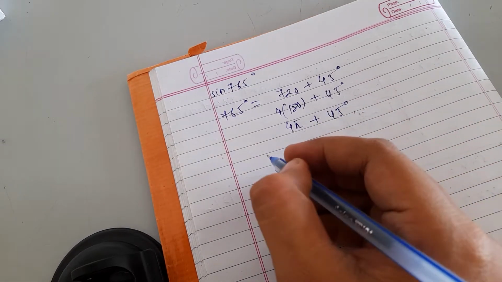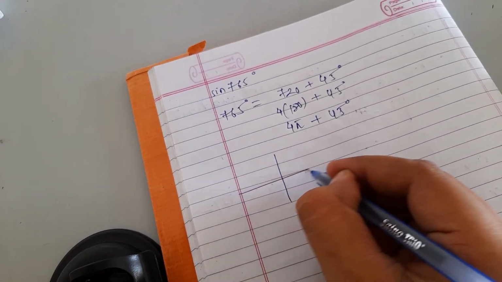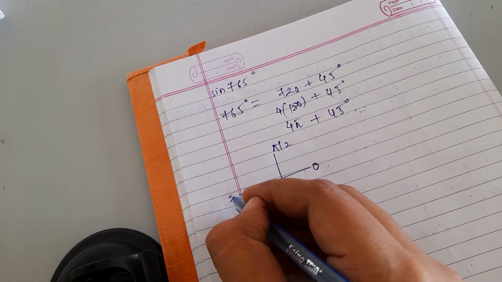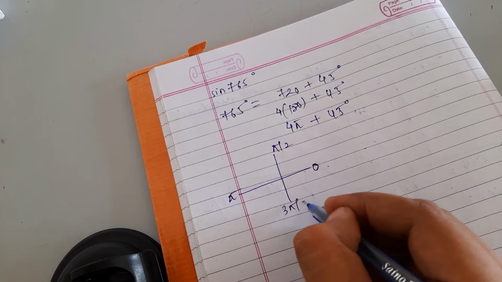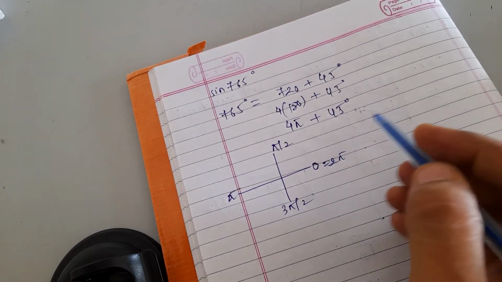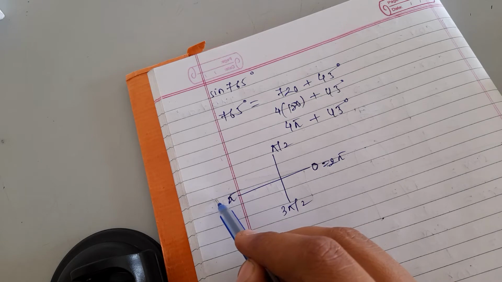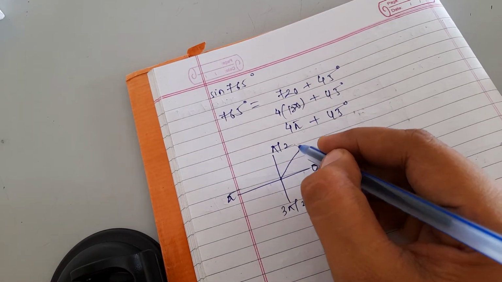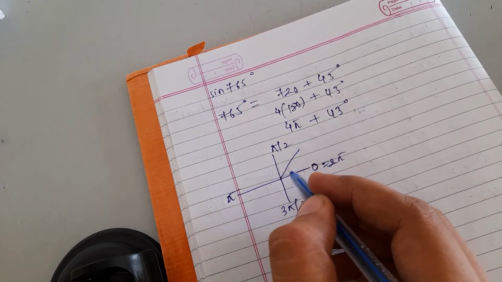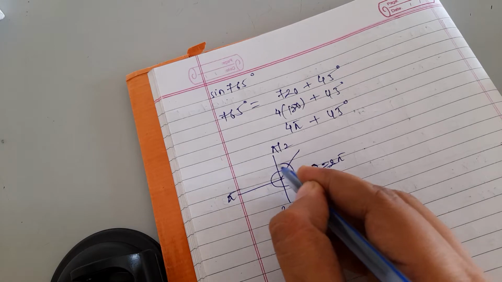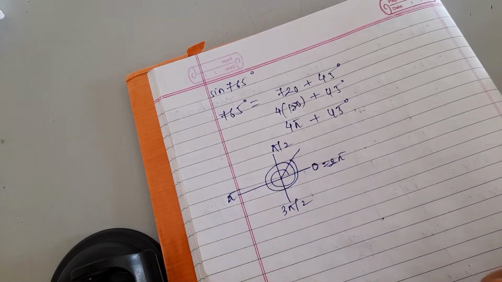See, this is 0 degree, pi by 2, pi, 3 pi by 2. After completing one revolution you will come here and get 2 pi. Then here it is 3 pi and over here it will come 4 pi. That means 765 degree is lying in the first quadrant, right?